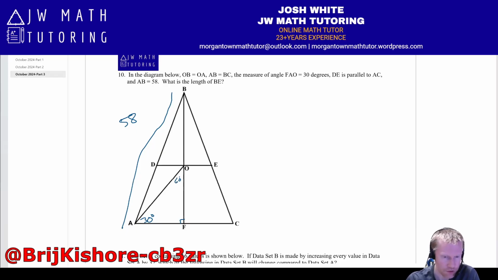So the sine of 30 degrees is equal to OF, opposite, over OA, hypotenuse. Sine of 30 is also equal to 1/2. You can just do that in Desmos if you don't have it memorized. So if you rearrange this, the side OF here is equal to OA over 2.